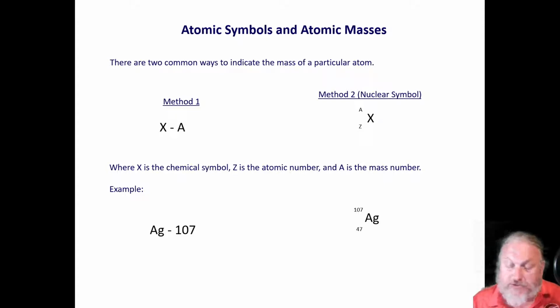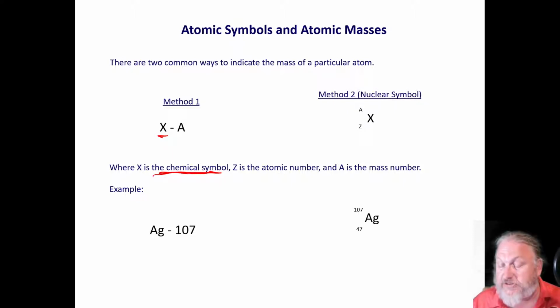One, I don't know what you call it, it's just this type of notation to identify an isotope. You have the chemical symbol, which we're going to use as a variable X, dash the A number. The A number is the number of nucleons.